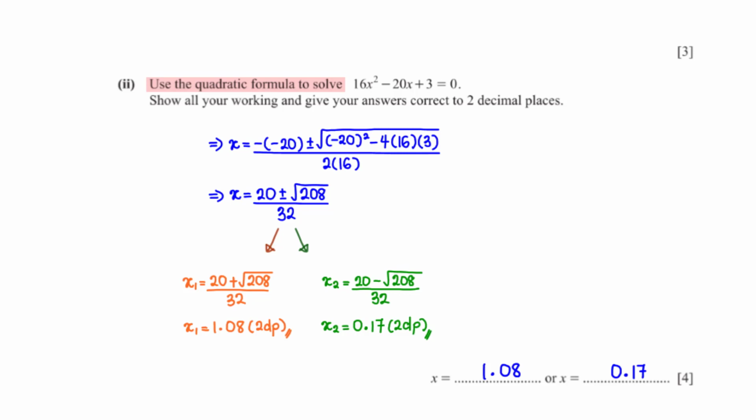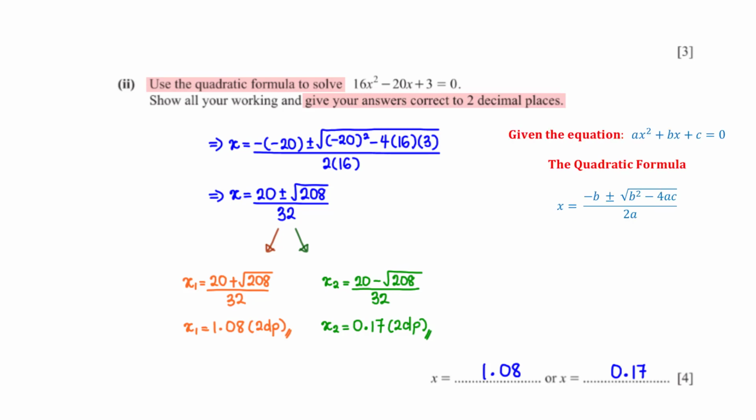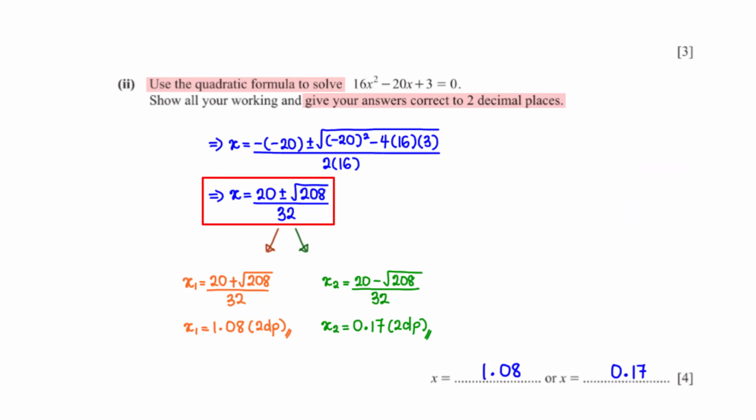Use the quadratic formula to solve 16x squared minus 20x plus 3 equals 0. Show all your working and give your answers correct to 2 decimal places. When we apply the quadratic formula to the given equation, this is what we get. Negative of -20 is 20.